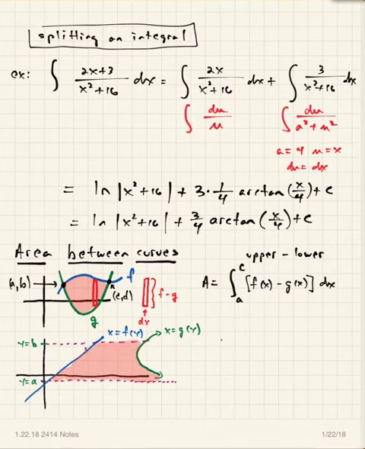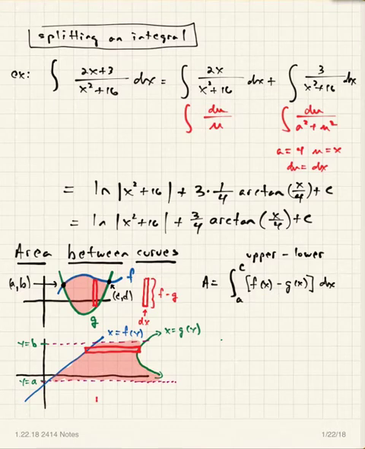Let me try it again, maybe a little bit more like a rectangle. That particular rectangle always has the same bounds. The right bound is always g of y, and the left bound is always f of y. Since it's got the same bounds, this is a much easier situation.